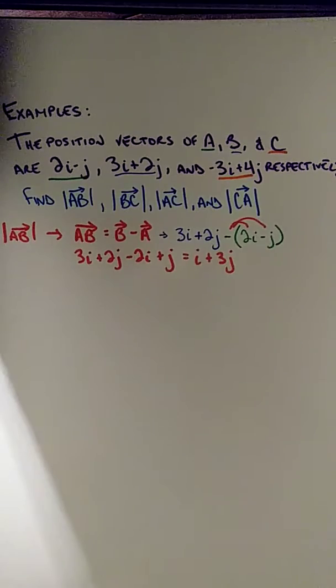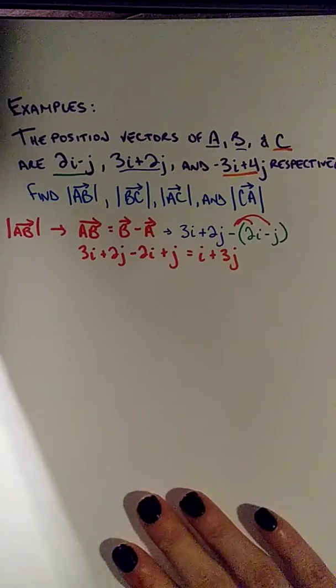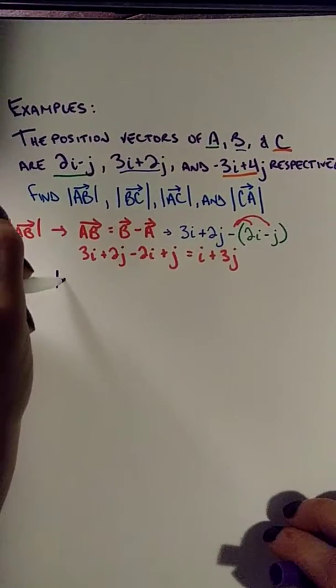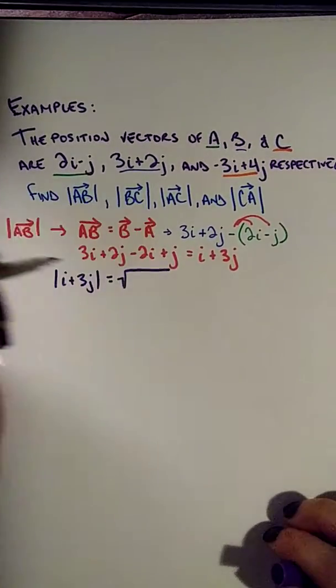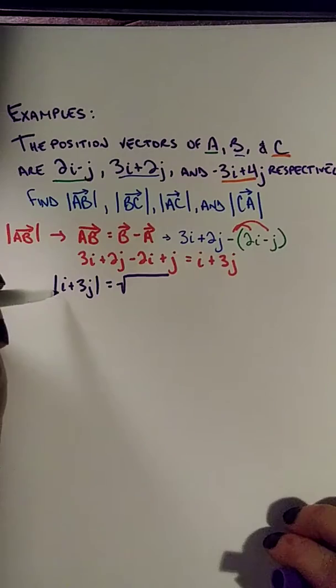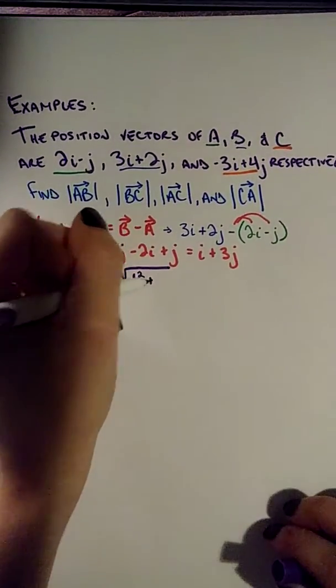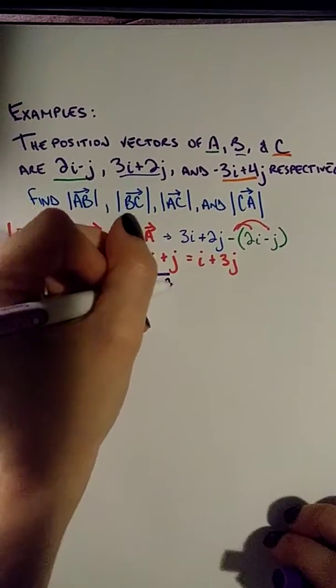Now, I have to find the magnitude of this vector. For magnitude, remember, I have to take the square root. This is the distance formula. So the magnitude of i plus 3j is going to be the square root of the coefficient in front of i, which in this case is just the number 1 squared. And I have to add the coefficient in front of j, which is the number 3 squared.